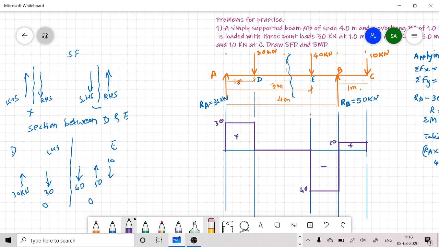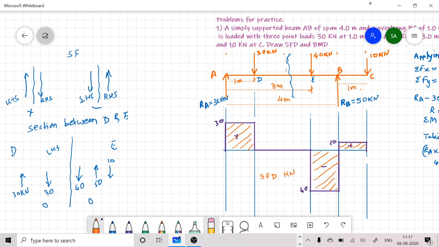Shade the diagram like this. Name the diagram as SFD and the unit is kilonewton.